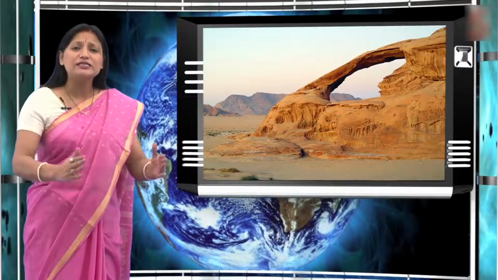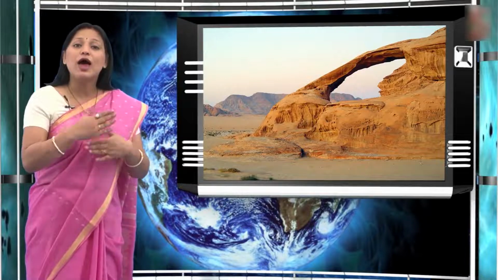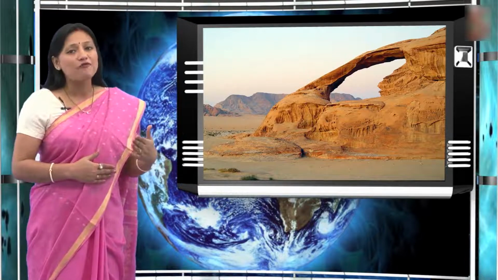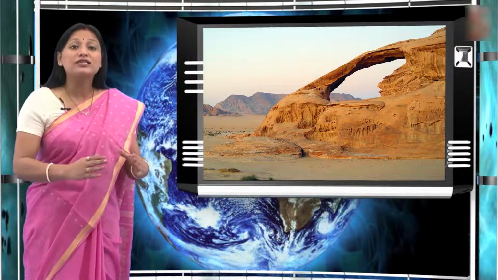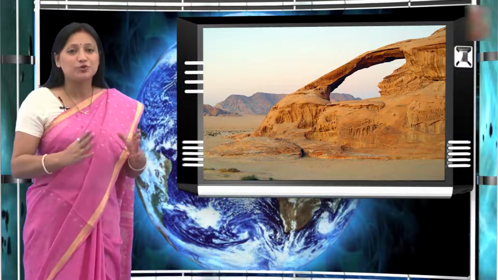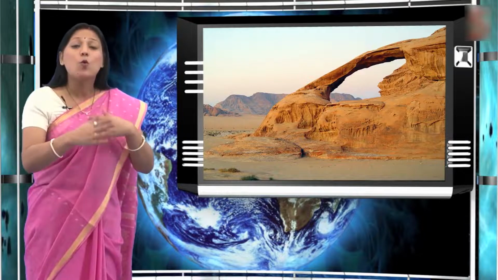The gradual disintegration of rocks through actions of atmosphere or weather is called weathering. As you all know, the rocks expand when exposed to heat and contract when they are cooled. This expansion and contraction is a regular process which happens during the day and night throughout summers and winters.